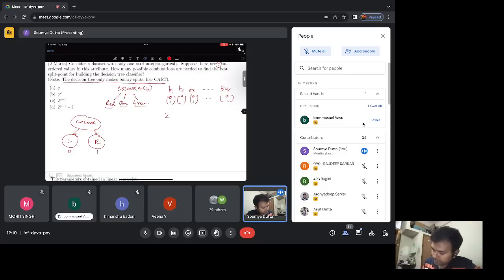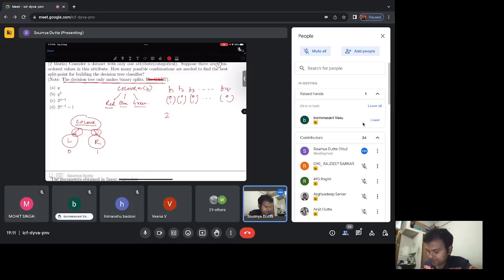So the other condition is the decision tree only makes binary splits. Like CART, but that one you don't need to know. Suppose you have color which has red, blue and green. Since you can only make binary splits, you can only have 2 such arrows, because you will be splitting into 2 groups. Yes, sir. So we can group red, blue in one and green in the other.